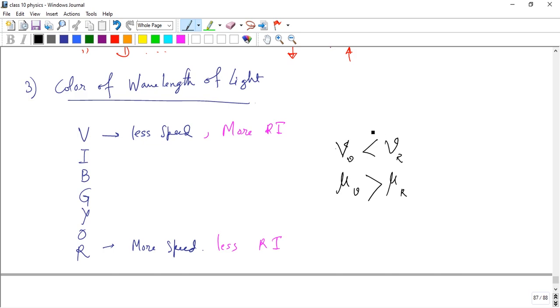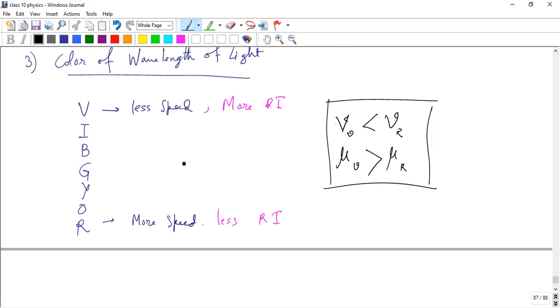Clear. Velocity and RI are inversely proportional, as previously discussed. More refractive index means less velocity, and less refractive index means more velocity. Actually, we discussed only magnitude.